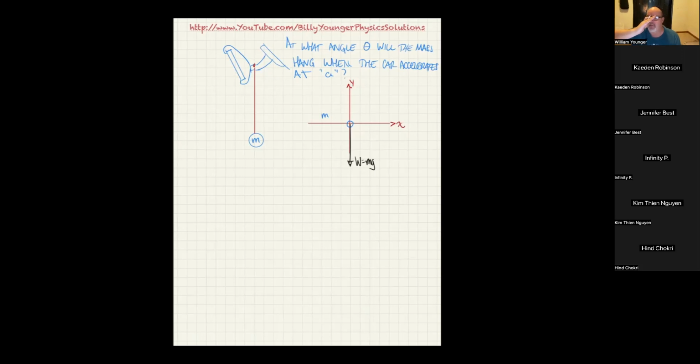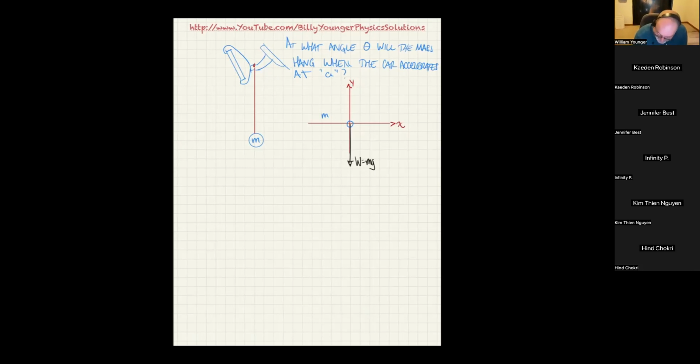And as long as my acceleration isn't changing, that string will reach an equilibrium angle theta that differs from the vertical by an amount theta. And I will try to take a snapshot of that, say with a phone, and figure out what that angle is, and then use that to determine my acceleration.